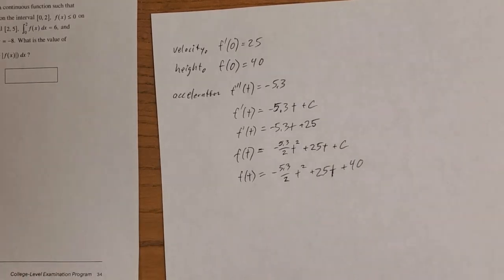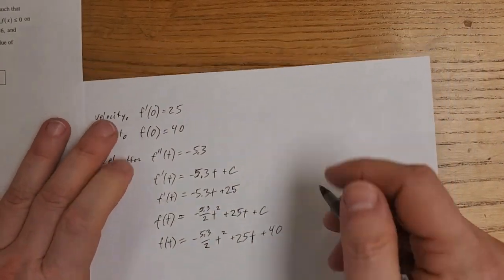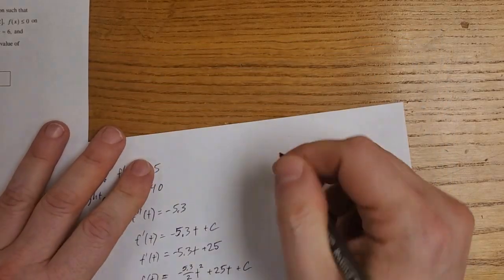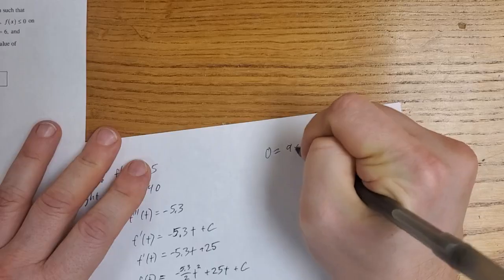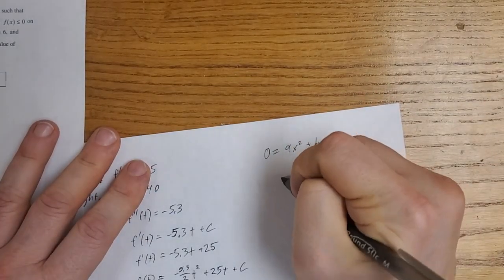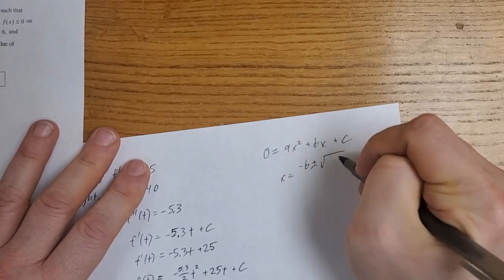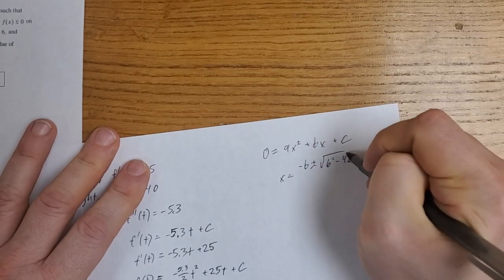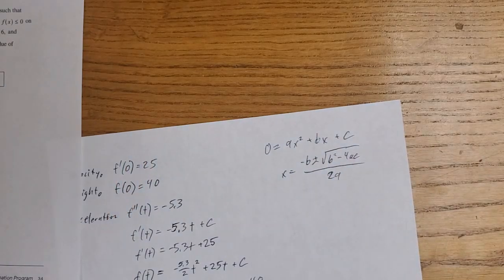So again, if you remember from further back, solving a quadratic equation, for 0 equals ax squared plus bx plus c, the x values are equal to negative b plus or minus the square root of b squared minus 4ac over 2a. You could do it that way.